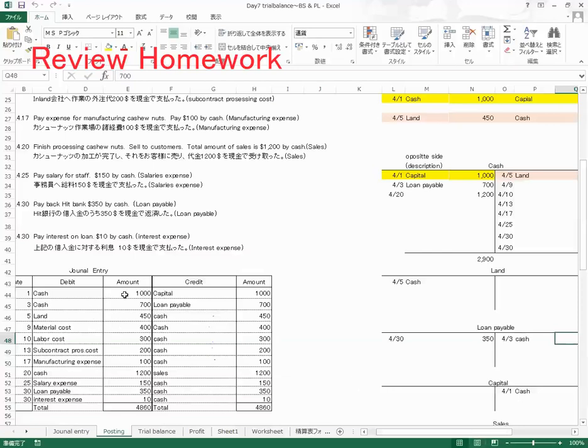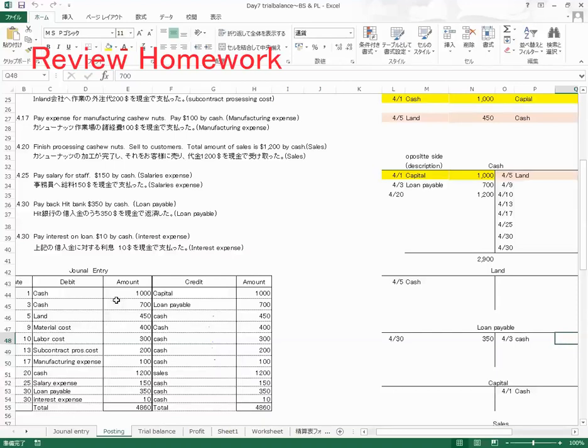So that is the rule of bookkeeping, and it is also easy to make mistakes. You should remember that when you are posting, you are posting a pair, not only cash, only material cost, only manufacturer expense.